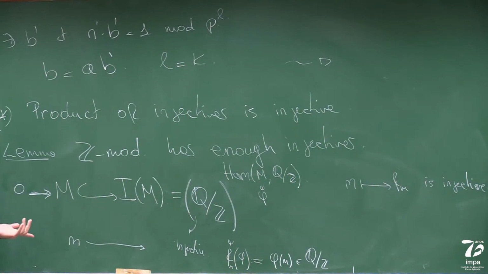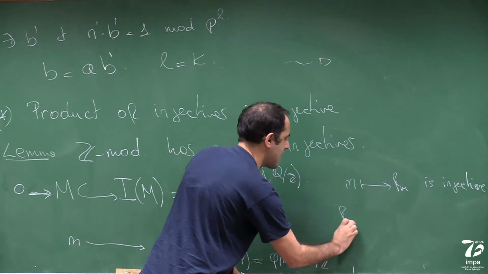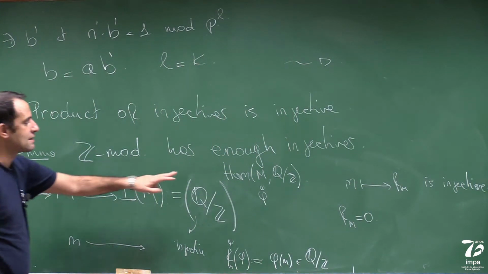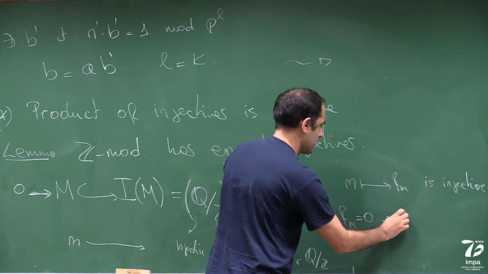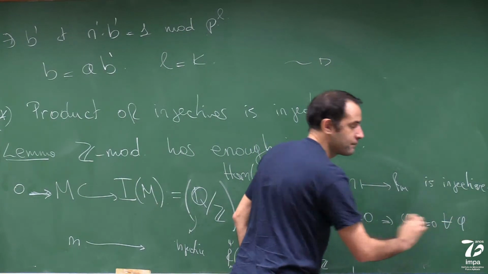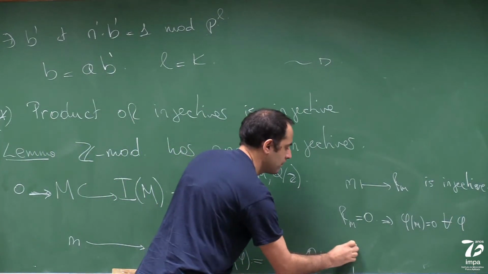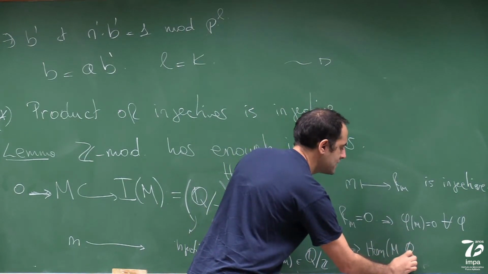And the fact that this is injective, well, let's suppose that you have something in the kernel. Let's suppose that F_M is equal to 0. So this means that phi of M is equal to 0 for every phi. And this means that hom from M to Q mod Z is 0.